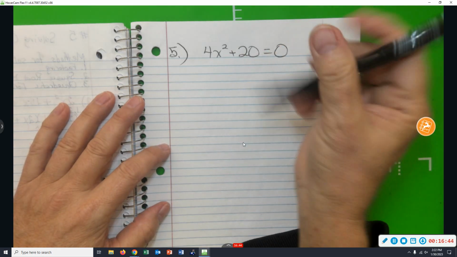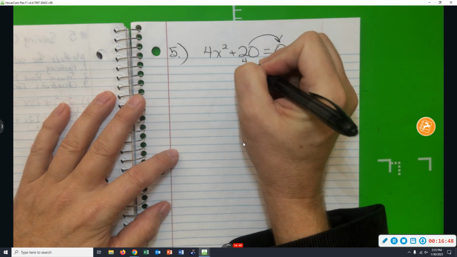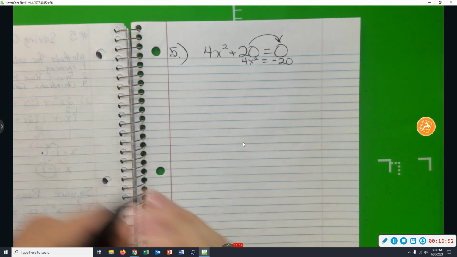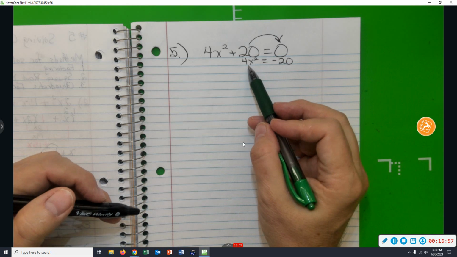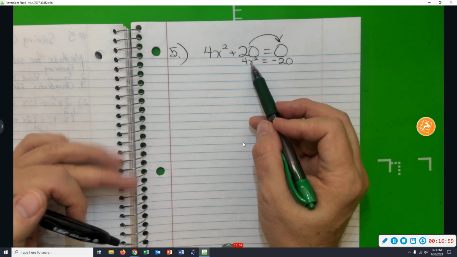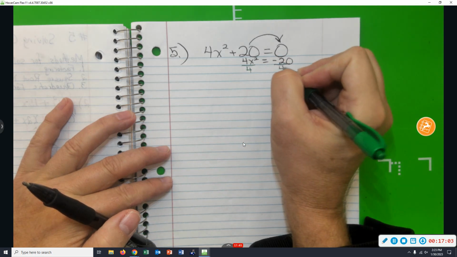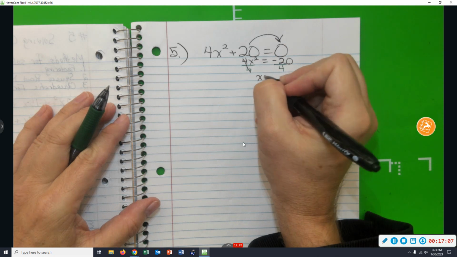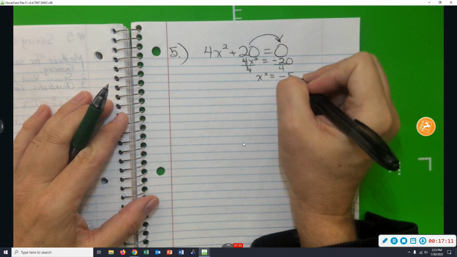So y'all said, first of all, minus the 20, so that's going to give us 4x squared equals a negative 20. Oh, wow. And then divide by 4. We need just the thing being squared by itself, so I agree. Let's divide by 4. And that's going to give us x squared equals negative 5.